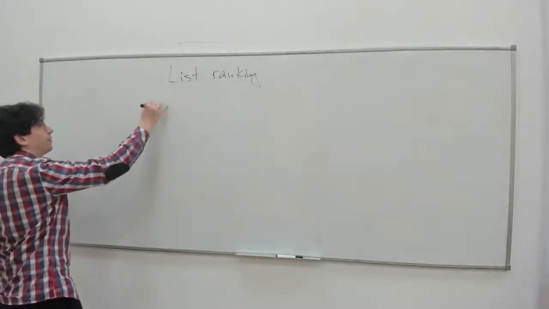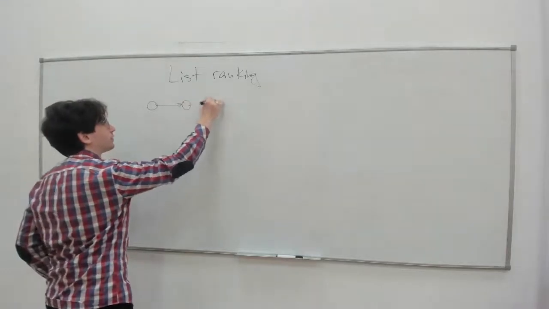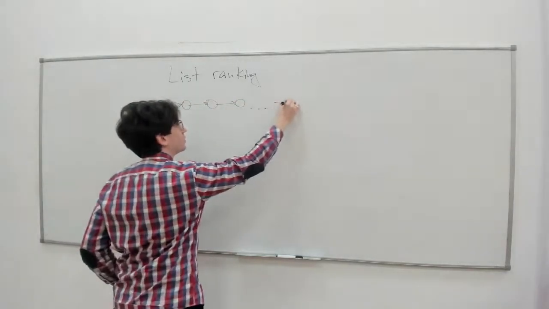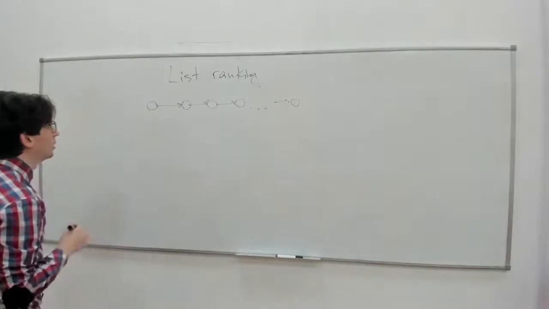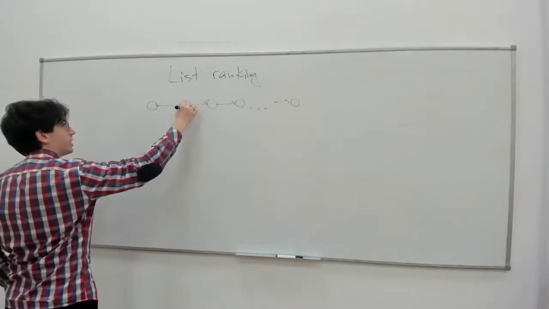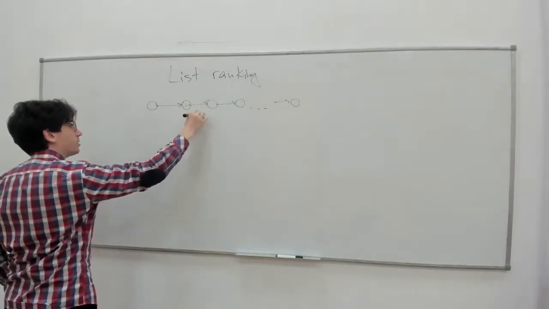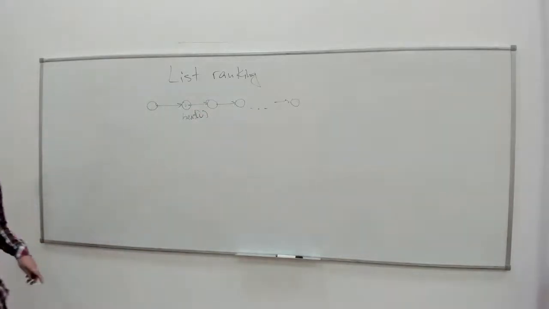So we have the list, and we have a node V, and we have next V. What are we trying to do? You are given this strange list with the next pointers, and you have nothing else. And you want to enumerate these elements by the distance to their end, for example.